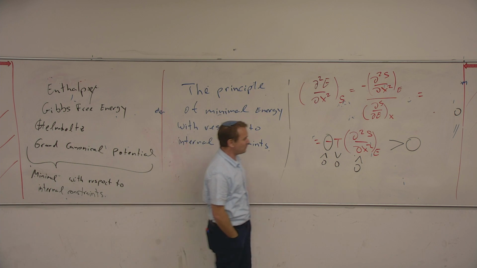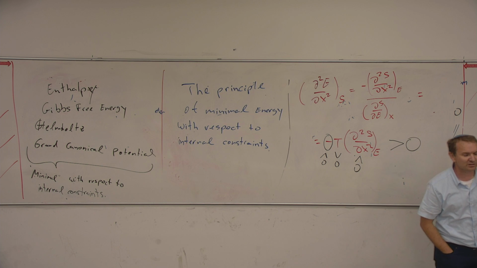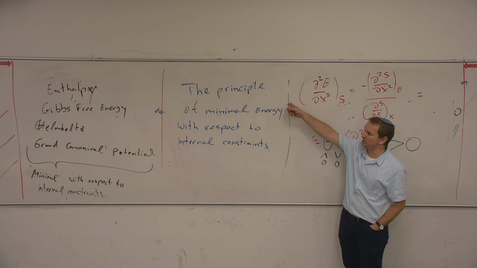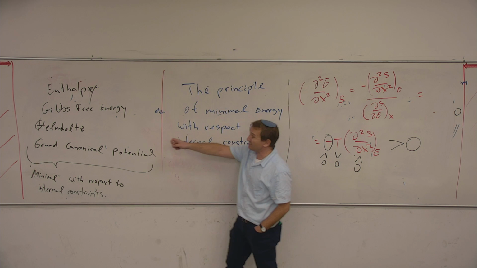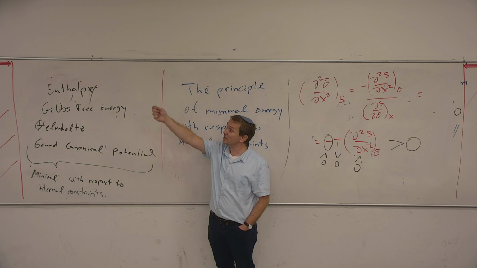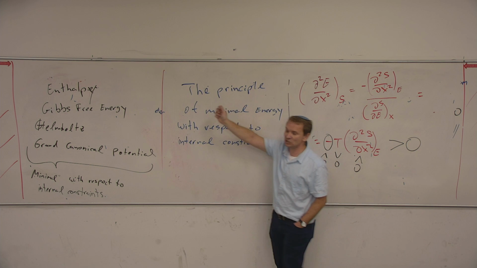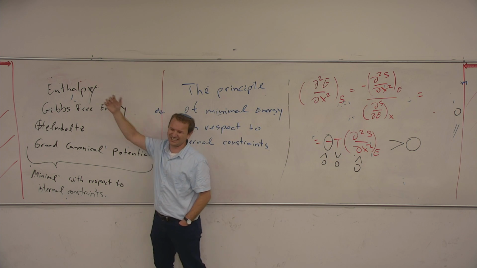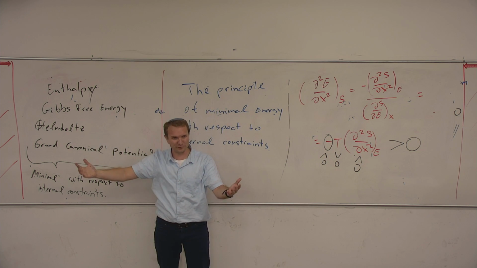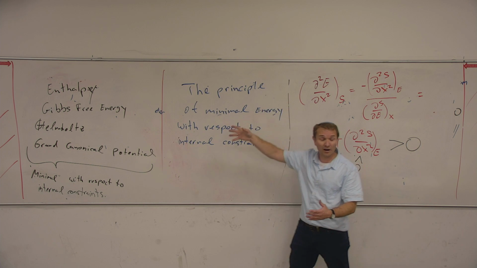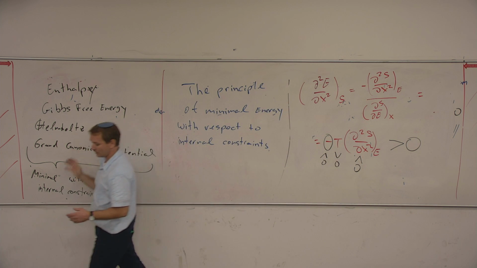And then we danced a little bit with the mathematics and partial derivatives, and we arrived at the principle of minimum energy, and all the other generalized potentials that can be obtained from energy by Legendre transformation. So basically it's energy with respect to different variables. All of those are minimal.